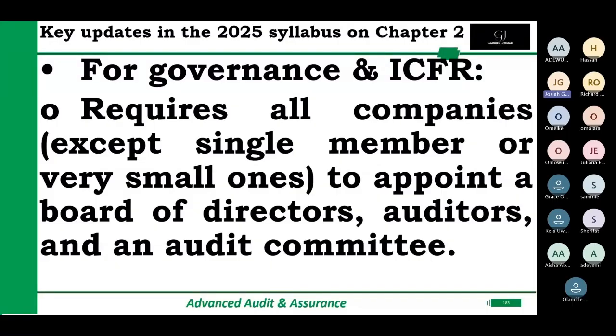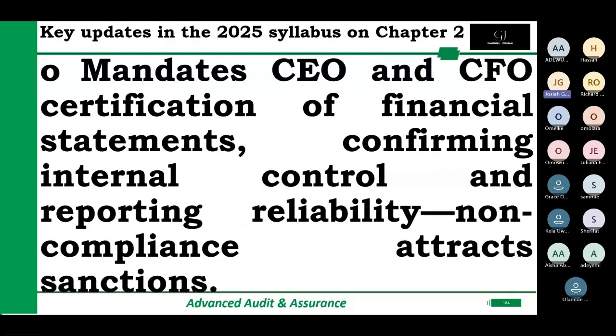Also, the certification of financial statements by the CEO and CFO, confirming that internal controls and reporting reliability of those financial statements, and also compliance with laws and regulations are in place and enforced. Formerly, the CEO and the CFO just used to sign, but they didn't certify in a statement that internal controls and reliability are their responsibility.